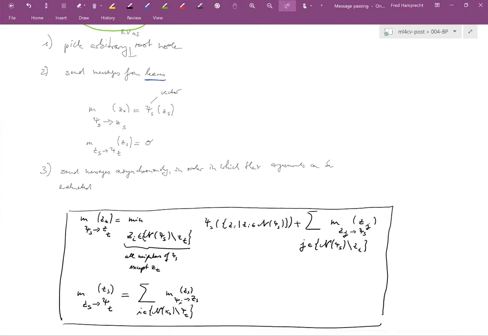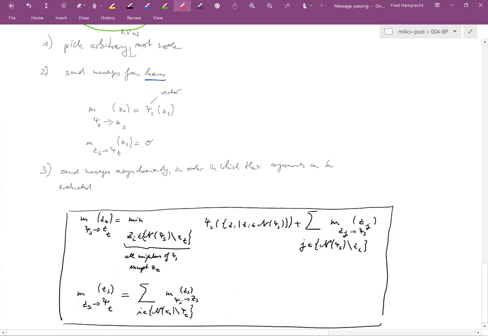So this case is just a special case of what we have down there. Let's say this one here is a special case of this. There were no incoming messages, so we take a sum over nothing, and that's 0.